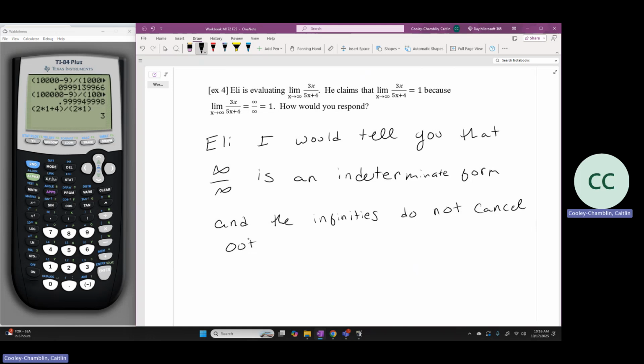So we don't know the answer of this. So infinities don't cancel out. We can't really subtract them. We can't really add them. If we have an infinity plus infinity, it's just another infinity. We can't say when they subtract that it goes to 0 if we don't know how they're approaching in the same way.